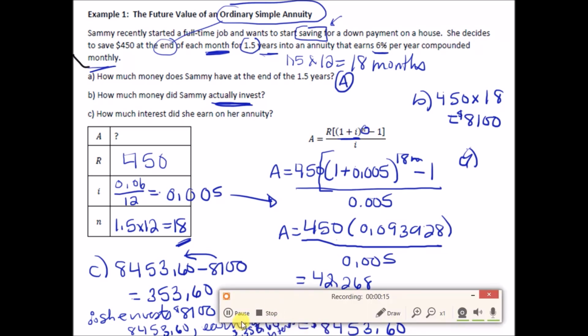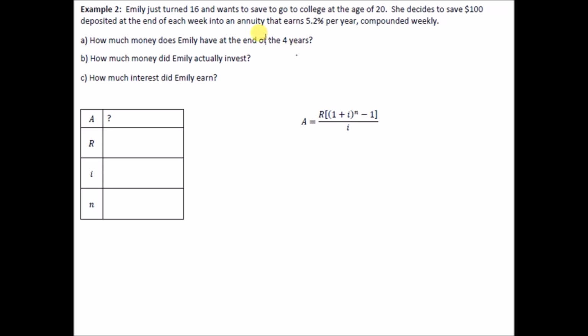That's it. She turned 16 and she wants to save, so again, another saving example, to go to college at the age of 20. So if we think about this, it is 4 years. Okay, she decides to save $100, deposited at the end. Okay, end just means simple, ordinary annuity, of each week.